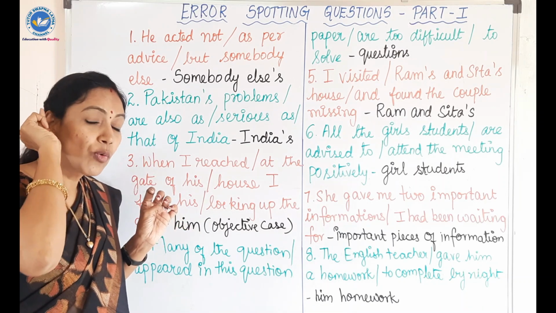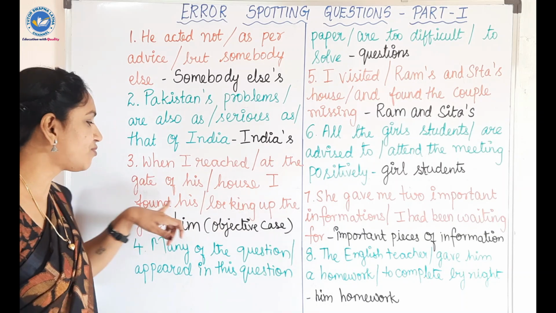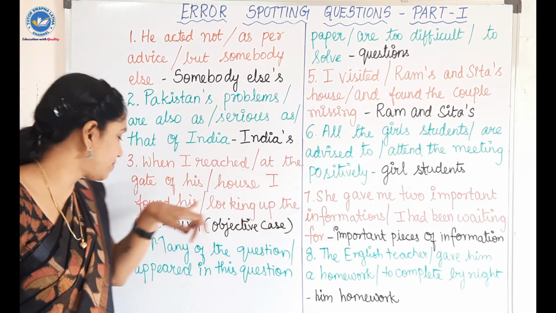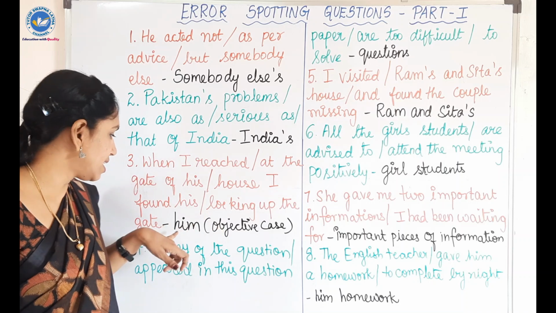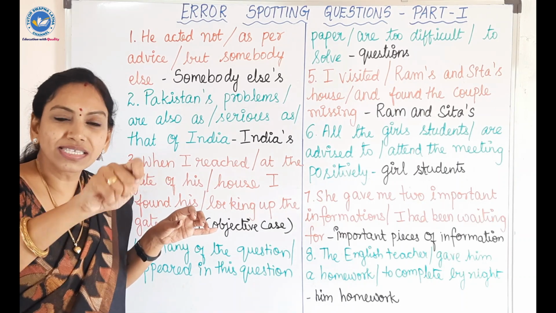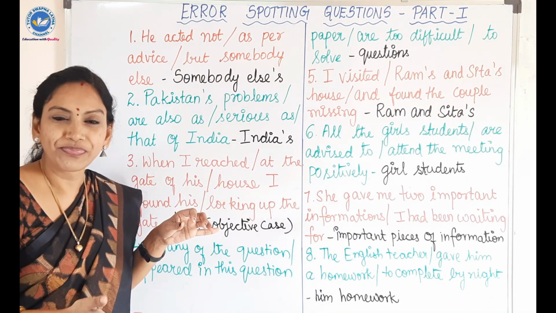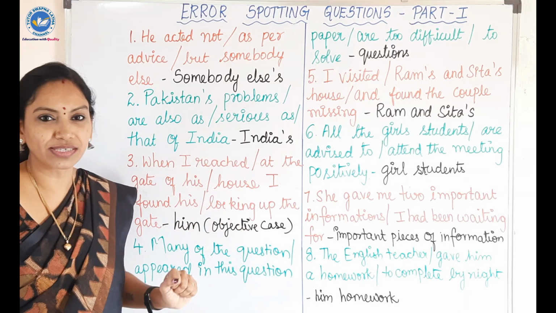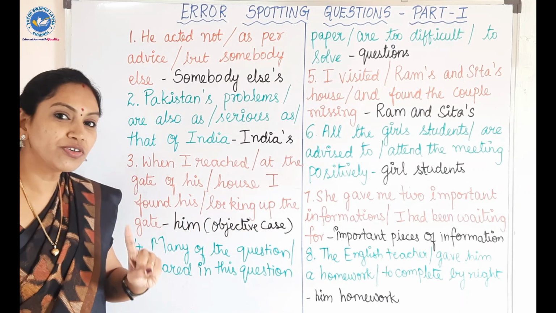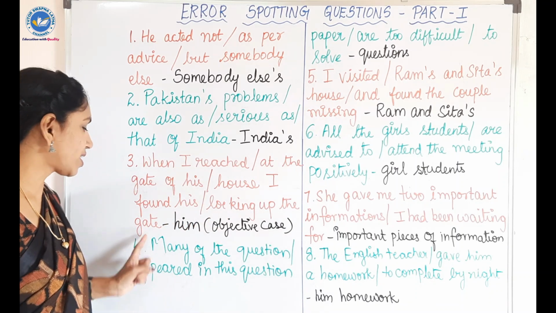What case is that? Possessive case. I found his locking up the gate. His is your possessive case. Locking is a verb, and before a verb you cannot have a possessive. You should have the objective case. So what should you write? I found him locking up the gate.